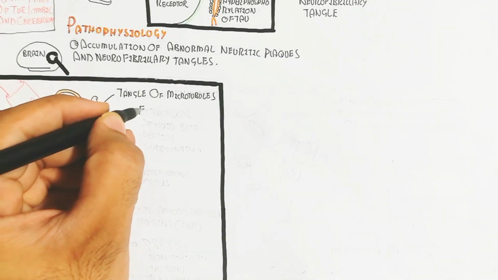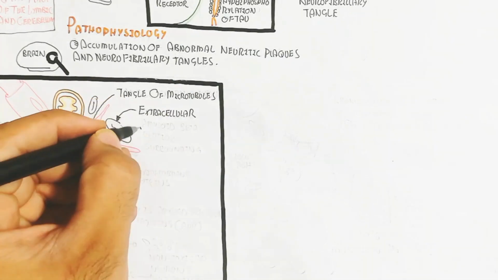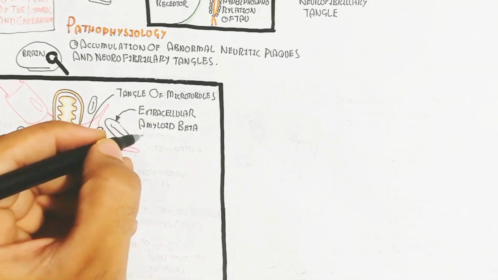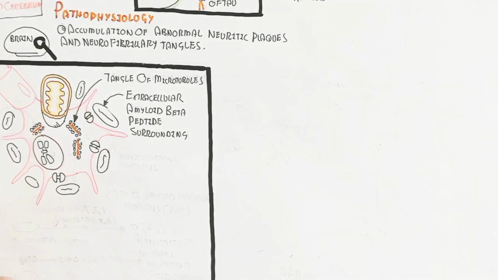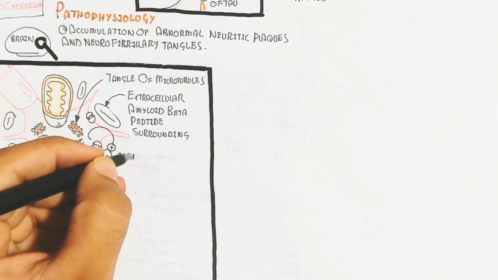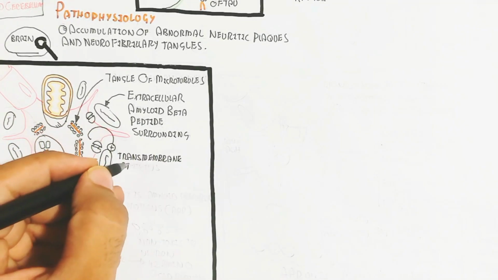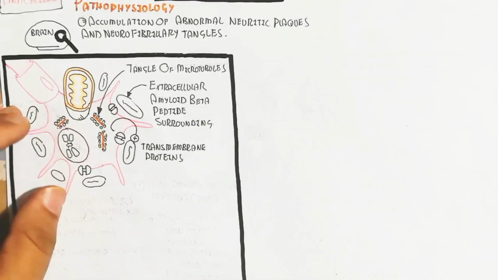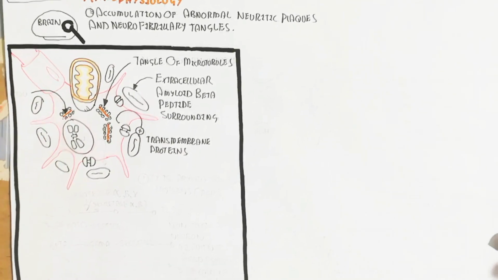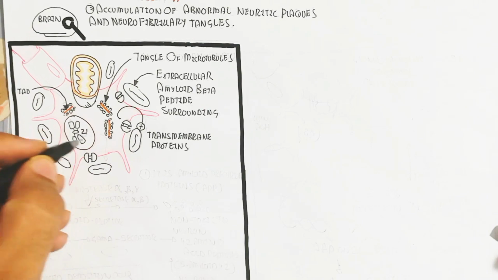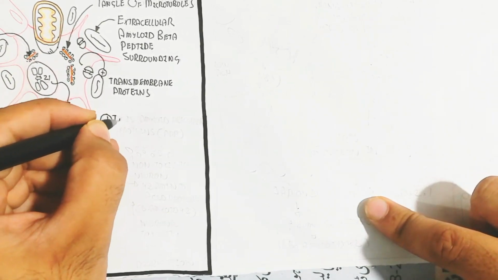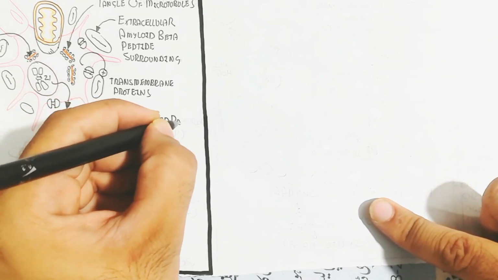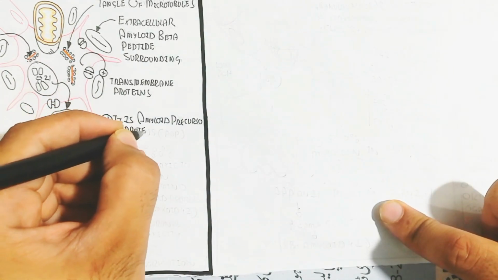But due to hyperphosphorylation of the tau protein, the microtubules form tangles, which leads to intracellular tangle formation that disrupts the structure of the neuron. The extracellular amyloid beta peptide surrounding the neuron also has an effect. Here, the transmembrane protein is amyloid precursor protein, APP.